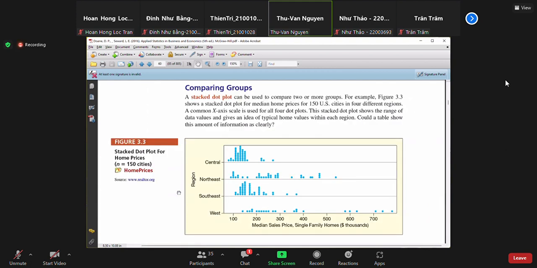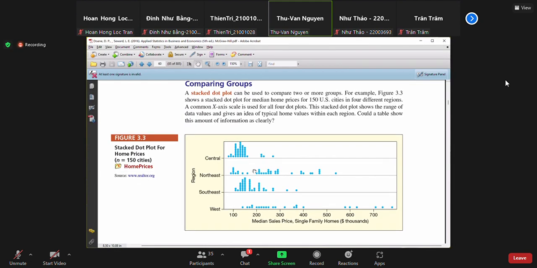For example, if you have 4 groups, west, southeast, northeast, central, then we can sketch the stacked dot plot to compare the groups. So it can give us an idea of typical values within each region.